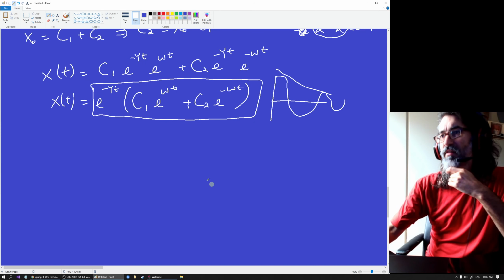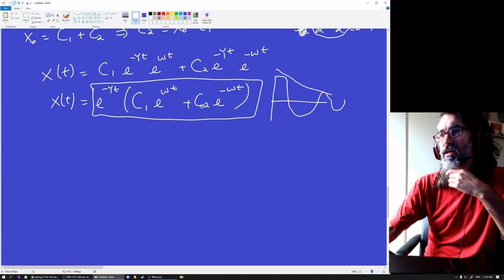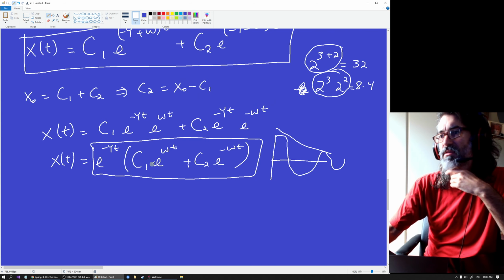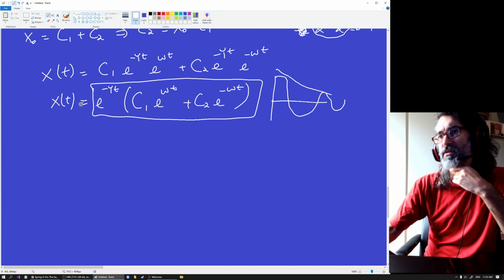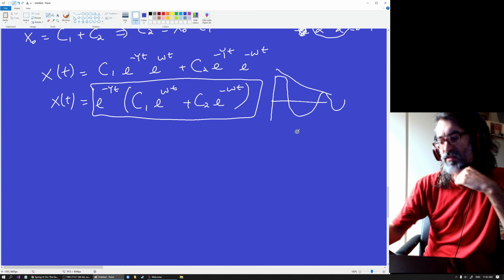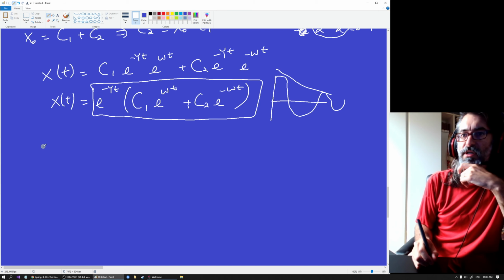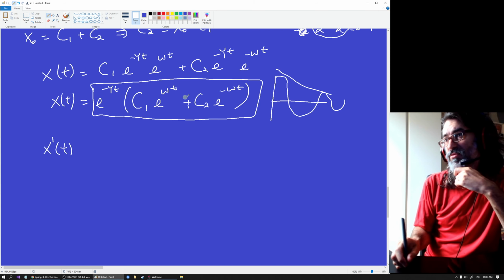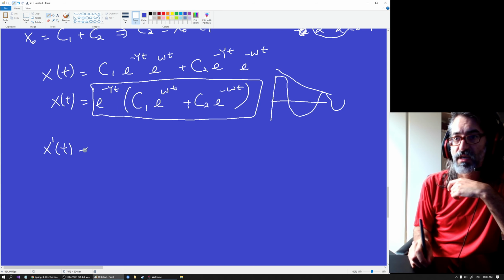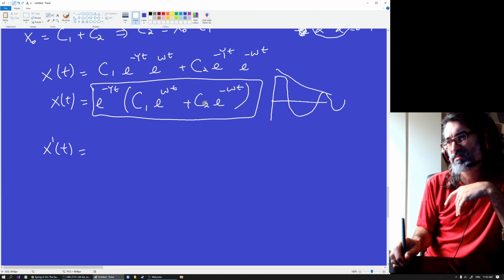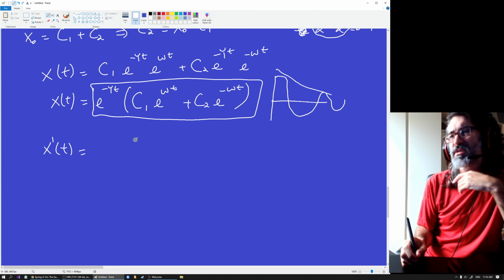So now we still have to solve for our constant. That c2 is there, but we need c1. For this, we need to find the derivative of this and plug in our v naught, the velocity at 0. So we need x prime of this. We need to differentiate this, and this is dangerous because it could get messy, but it's not too bad.